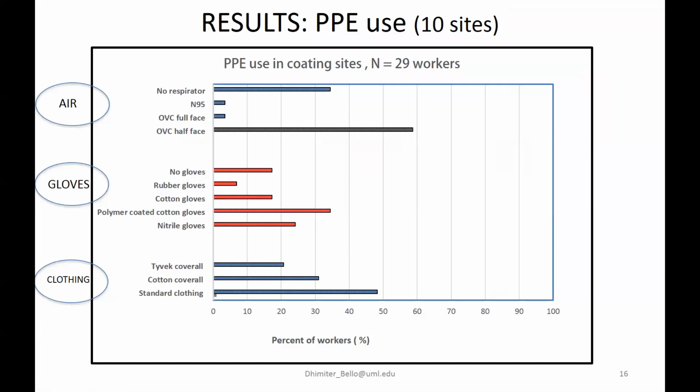In terms of coveralls, standard clothing was quite common in half of the people. Because of high heat, high humidity, and high physical demand of such activities, workers would just opt not to wear a Tyvek or some other coverall. In some cases, we saw workers wear thick cotton fabric coveralls, and in about 20% of the cases, a polymeric coverall such as Tyvek or polypropylene.